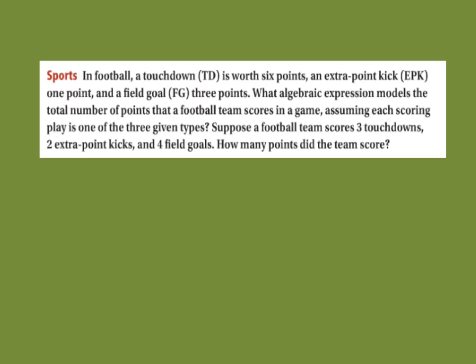Right now, you should pause the video and read the problem. First, it's telling you, in case if you don't know the rules of football, what everything is worth. So I want you to figure out how many total points a football team scores. If they have 3 touchdowns, so it would be 3 times 6, because each touchdown is worth 6. And they have 2 extra points, and each extra point is worth 1.